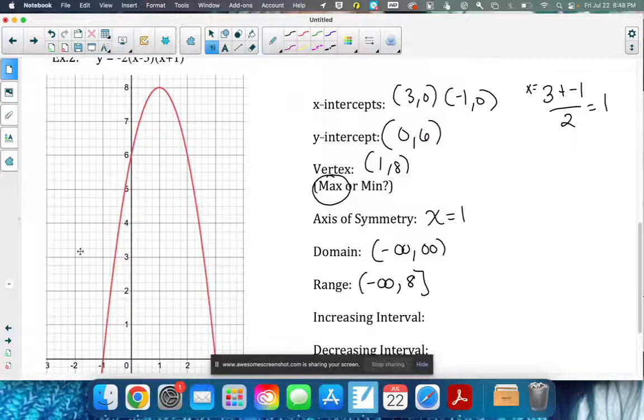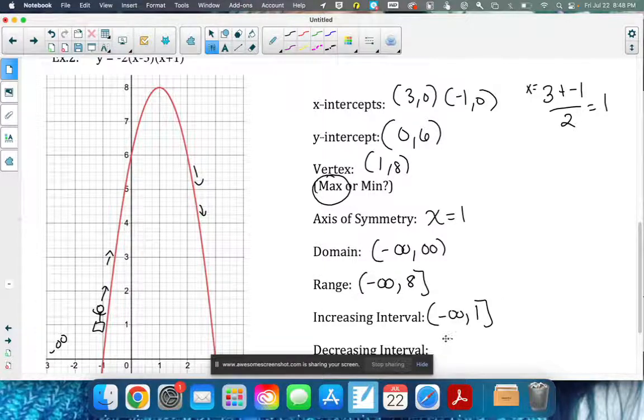Okay, so time for the intervals. Now, again, just put your little person on the car if you need to remember which way they are going on either side. So coming from the left, right, that's -infinity, the car is going up. So that is increasing from -infinity till it gets to the vertex, which is 1.